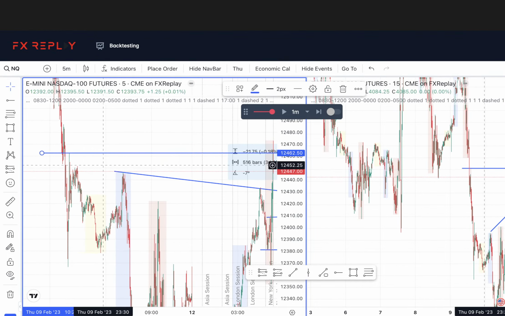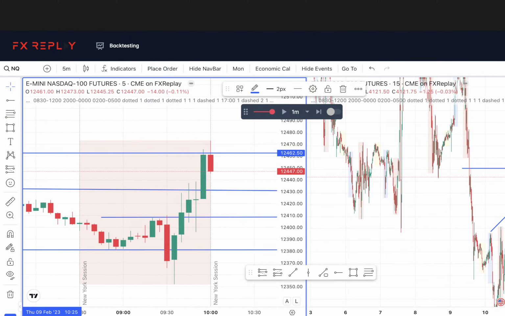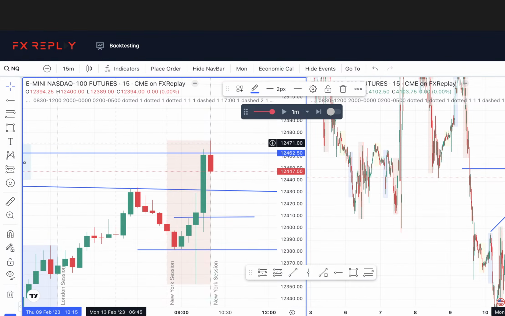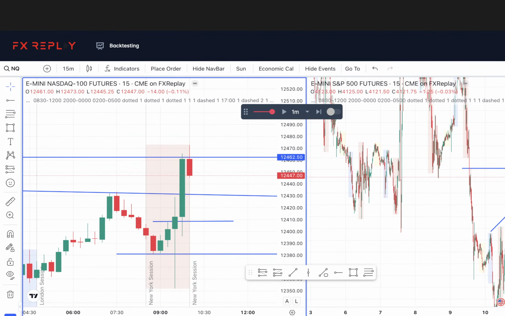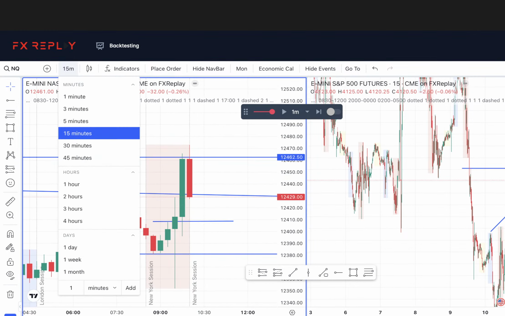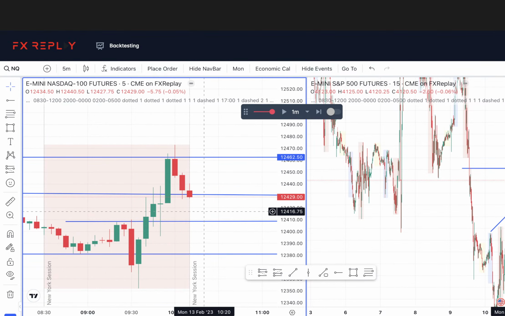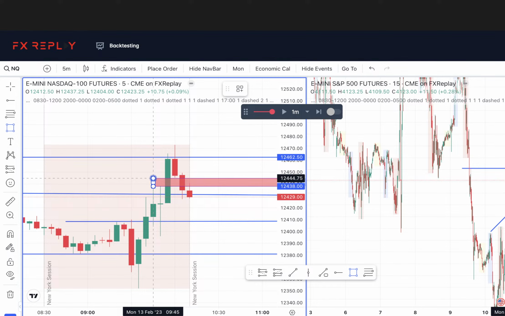I probably wouldn't trade. But let's see if it just keeps going higher. It could sweep this and reject off of that. Maybe let's go back to the 15 minute and see what it's doing. I mean, it kind of is rejecting off of it. Let's see. Oh yeah. Back to the 5 minute. We inverse this green one.